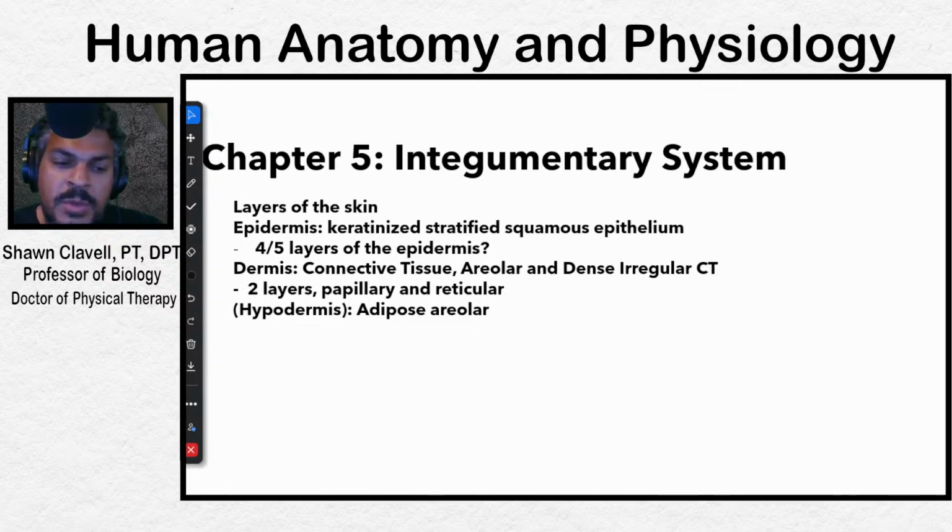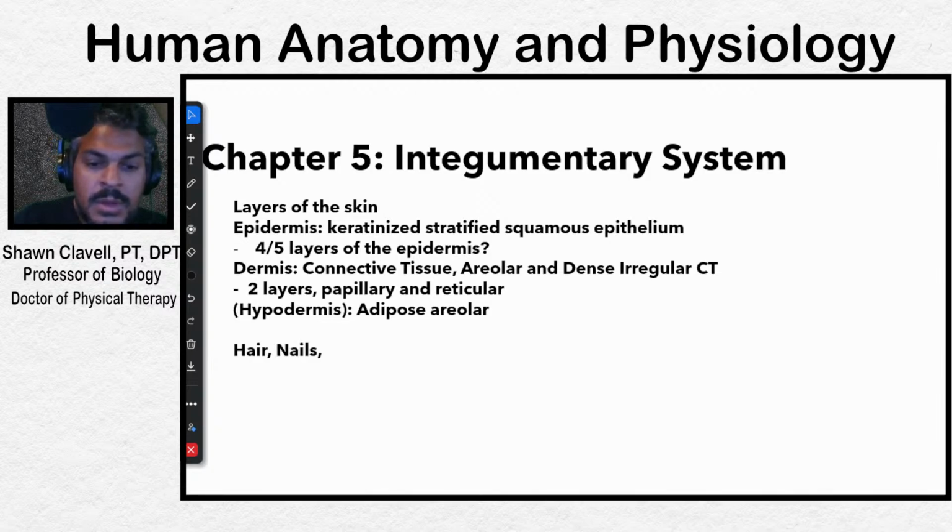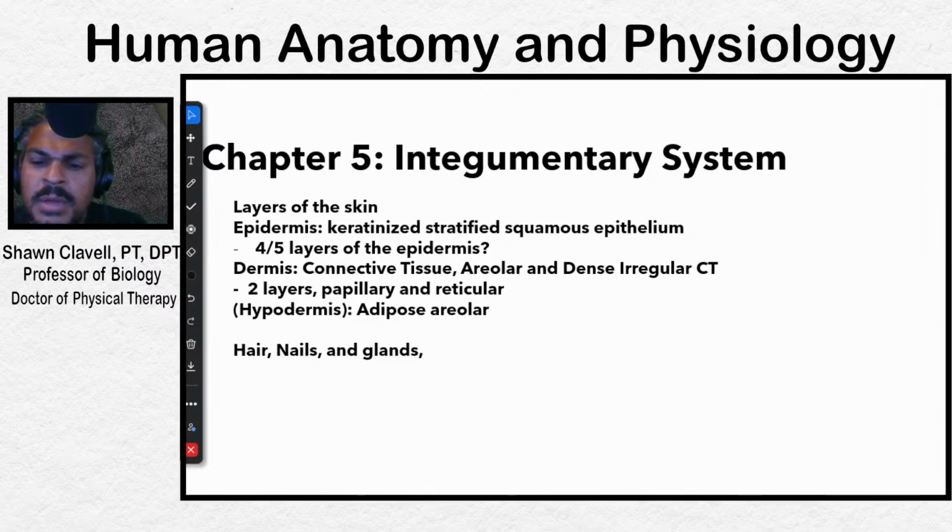There are also some other accessory structures associated with the integumentary system. Those accessory structures include your hair, nails, and glands. So, sweat glands and sebaceous glands.